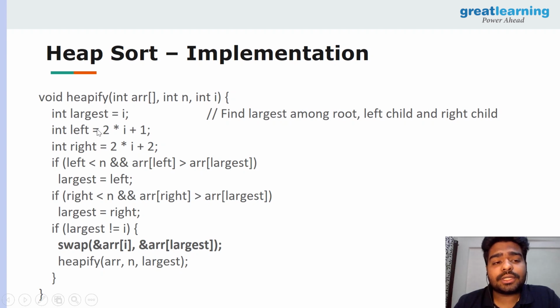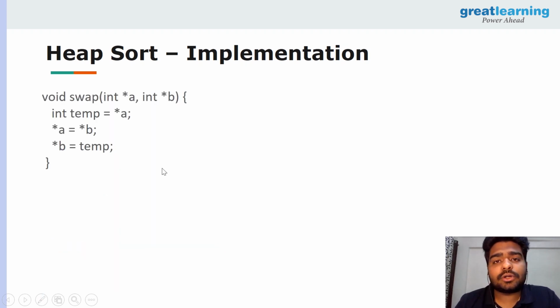The first code we saw was how we are helping the system to find the left child node and the right child node of the parent. Then we have 3 if conditions, and we are checking which one is largest, which one is smallest. And if it is the smallest, then we are swapping it. Everything is happening here. How to swap? We saw that using this particular technique, which is using the pointer, using the address, and using the temporary variable.